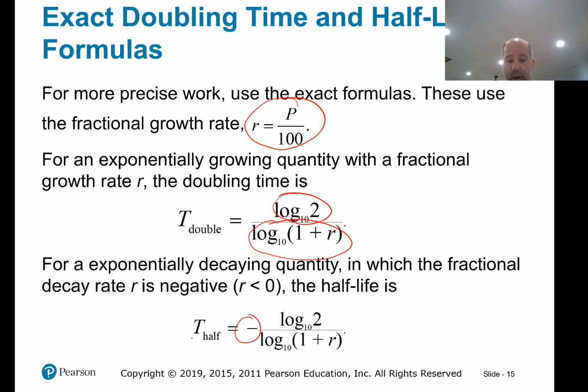And again, I could show you how to derive that, but it's basically because we're using the log of a half, we get a negative sign. And also because the rate is negative.